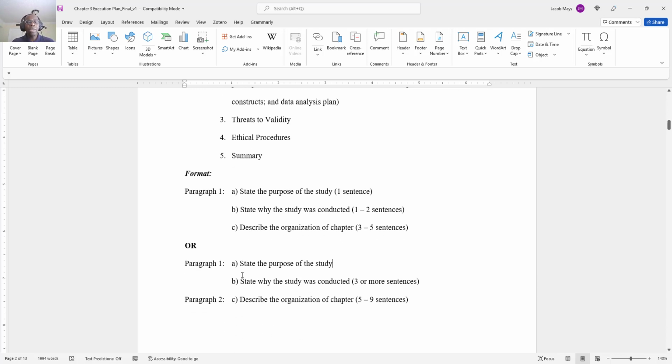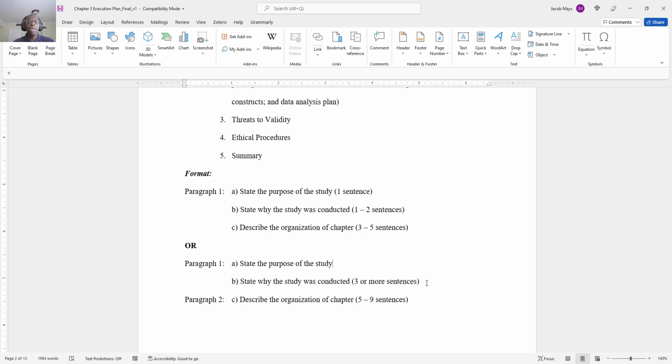Now, with the 2 paragraph format, the first sentence is going to be the purpose of the study. The second sentence is going to be related to the problem. So you talk about the problem, you talk about the gap in the research, okay?